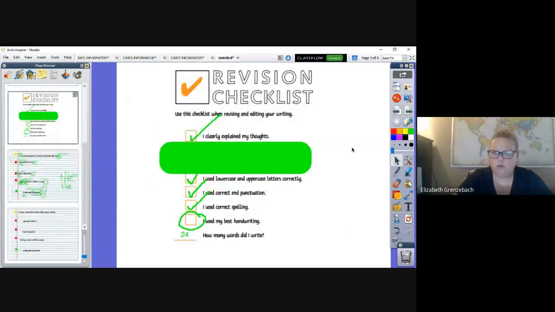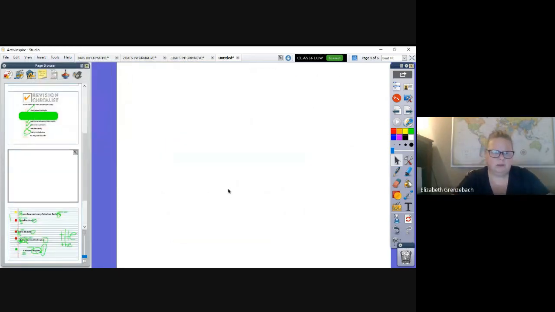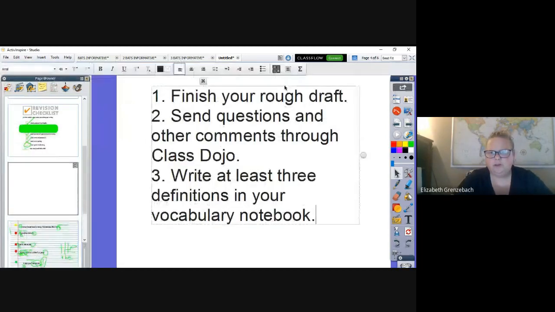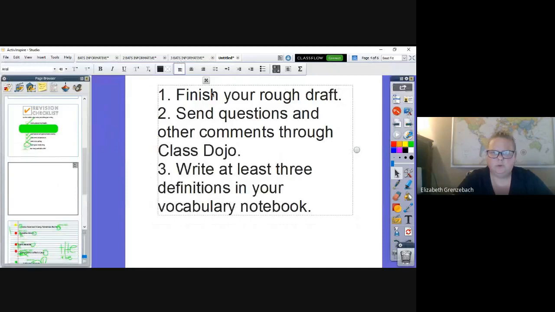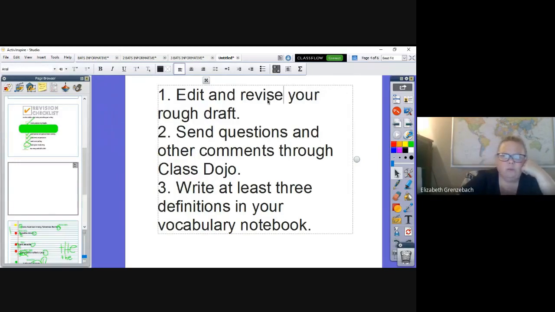So today, your job is to not finish, but edit and revise. That's the two things, the checklist that we use. Edit and revise your rough draft.